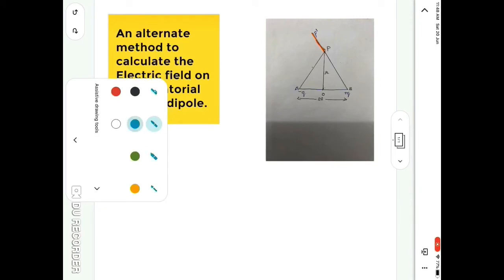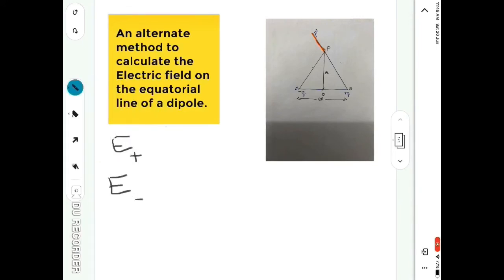Now let's mark the angles here to be theta either way, and also let's see the directions of E plus and E minus. E minus, as it's due to minus Q, will take a direction from P to A, and E plus direction can be marked over here, say away from plus Q towards P. So that is like this way, which can be this way too.